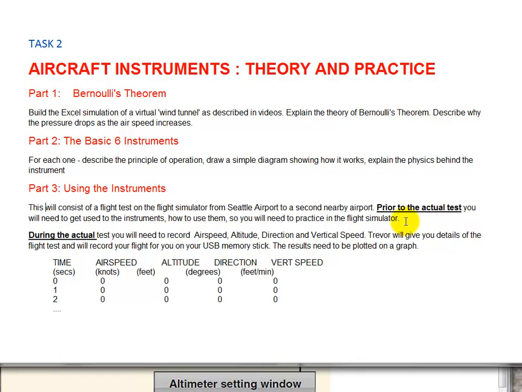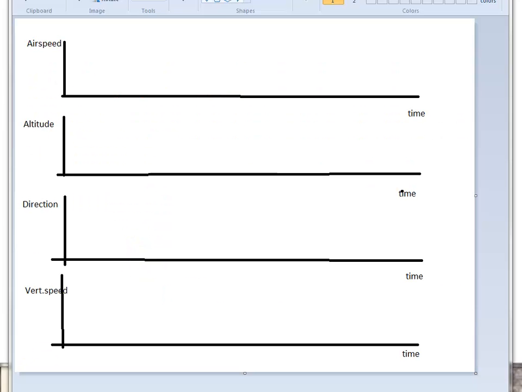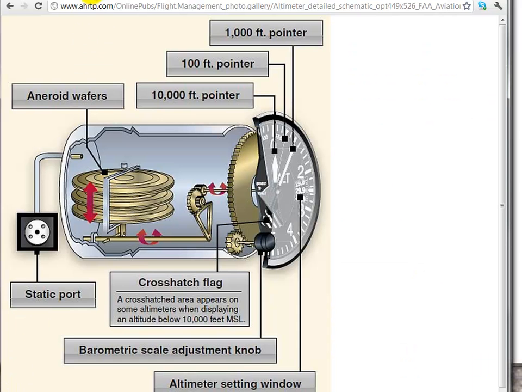So that's the last bit. You need to use the instruments, and we're going to be testing how well you can read them. So you'll need to get a couple of practice flights in to try and get used to the instruments, the 6 basic instruments. Try and get used to how they work.